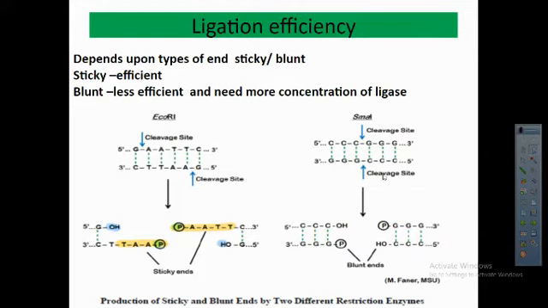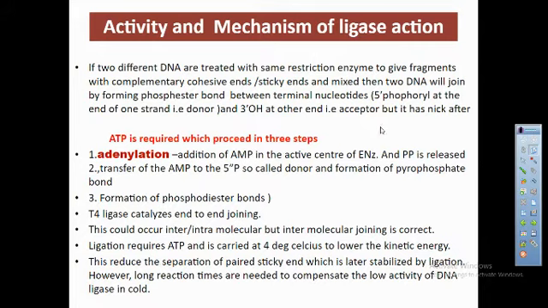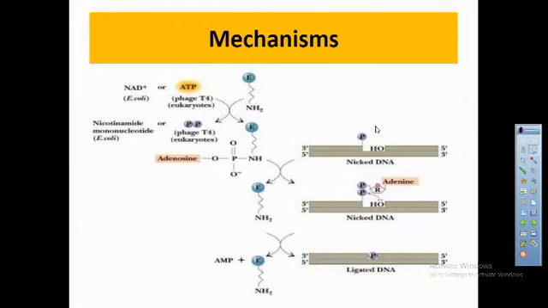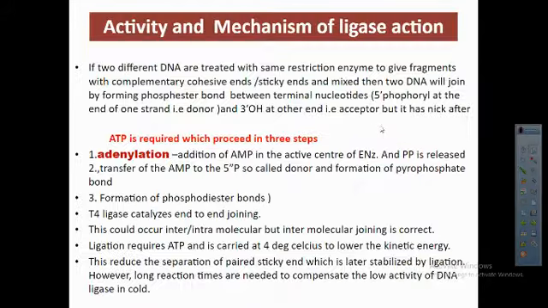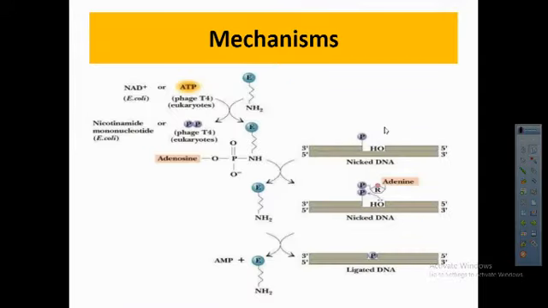So the problem is always how to ligate the blunt end DNA, because here we have to use more ligase. So for that very purpose, we have to use the enhancers.